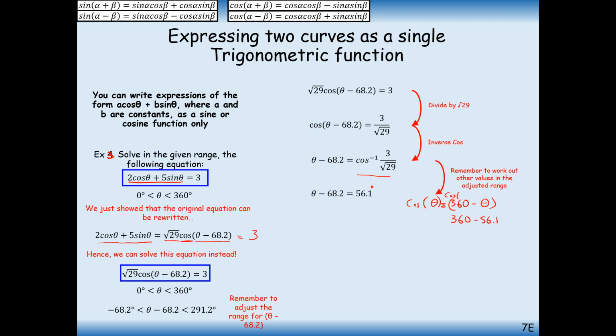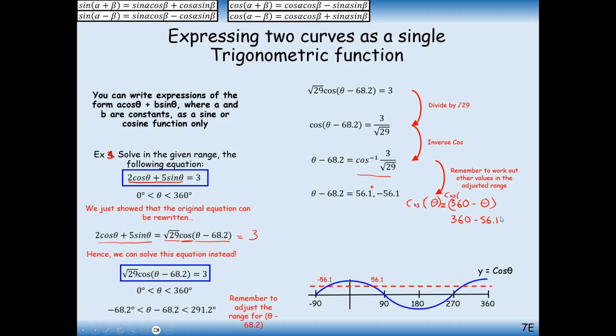So we will have 303.9, I guess. That answer is beyond the range that we need. It goes to 305 or something, so that's bigger than this value here.